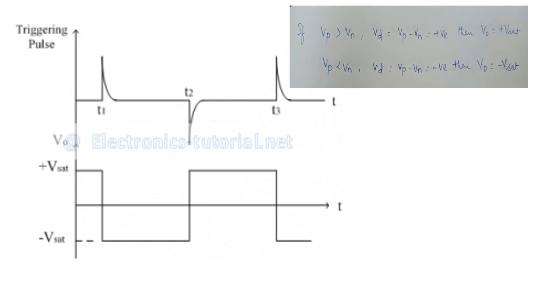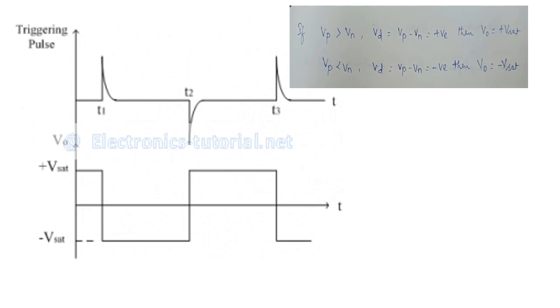So during the positive trigger pulse, my output comes down to the negative saturation voltage. It will remain for some time until I give the second trigger pulse. The second one is negative, so when a negative trigger pulse is given, I will get the positive saturation voltage. In this way the experiment repeats.